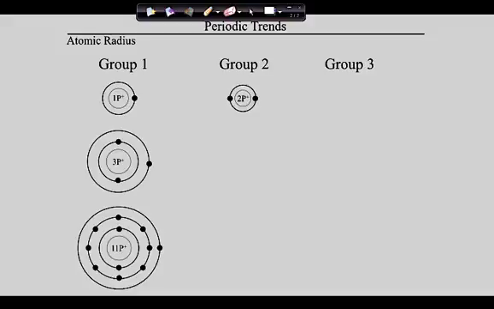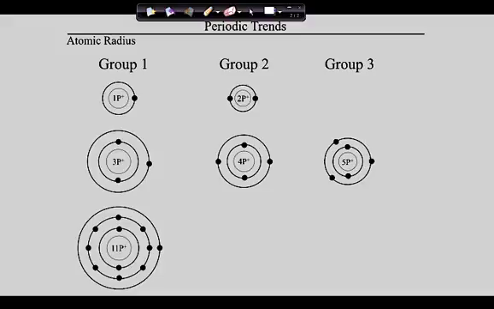Does that make sense? And guys, that happens in all of these elements. If we go to lithium, lithium has 3 protons. If we go over to beryllium, beryllium has 4 protons. 4 pulls harder than 3, and it brings the atom even tighter together. Now, if we go over to boron, it gets even tighter because boron's got 5 protons, and it sucks that atom even tighter together.